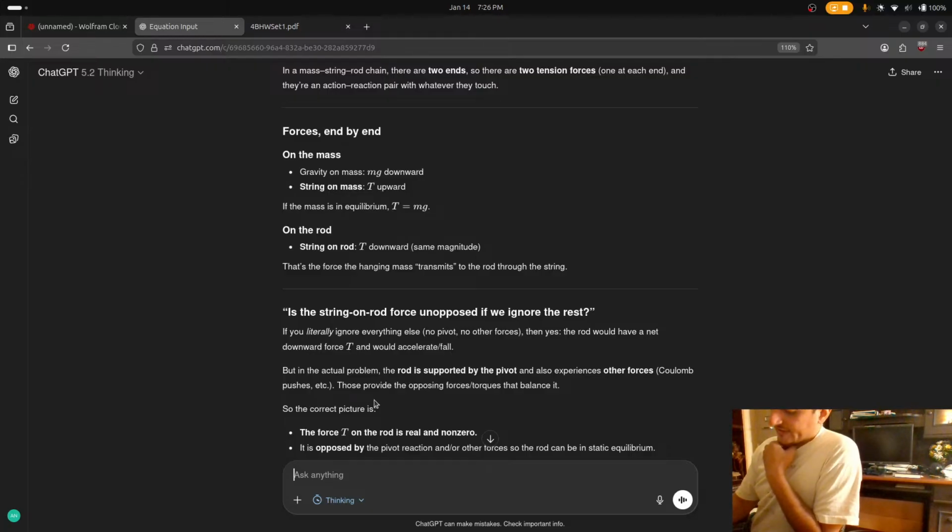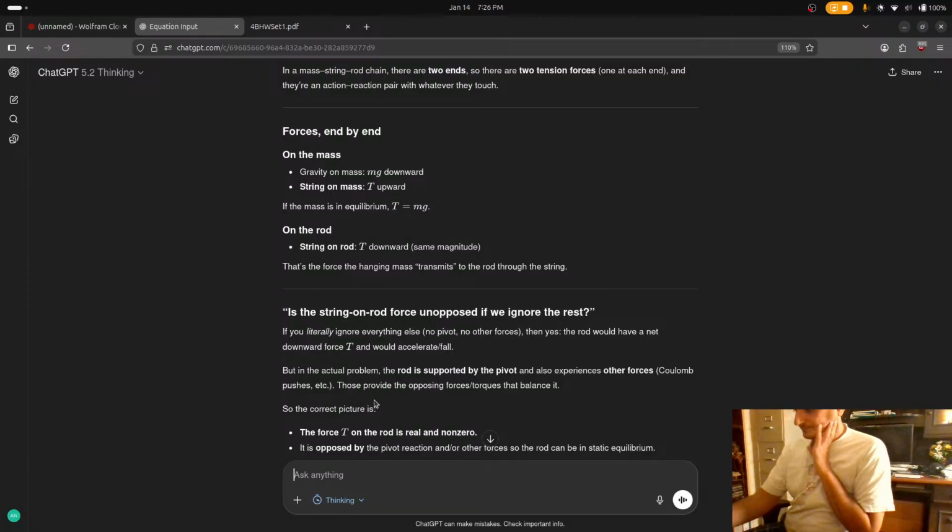There we go, that's the right way to do it: do the norms. All right, so now we can scalarize. So we can get just minus mg times x minus L over 2.